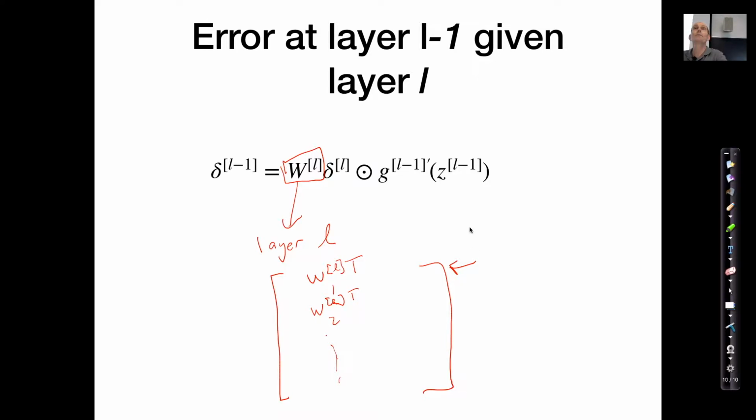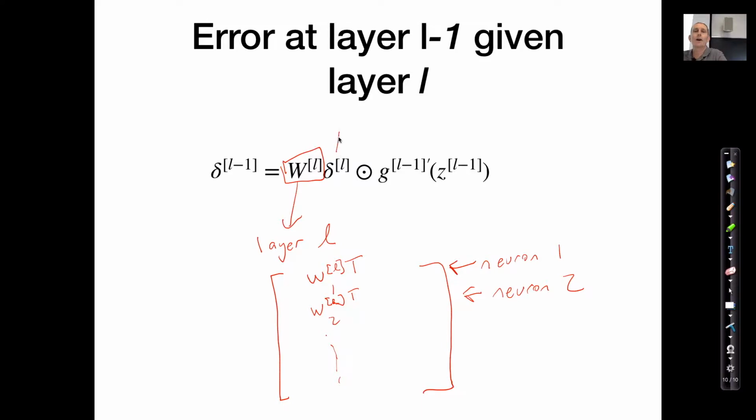Yeah, this is neuron 1 in layer L, neuron 2 in layer L, and we're transposing them because remember when we're computing for a given W and activation, it was W transpose times the other.